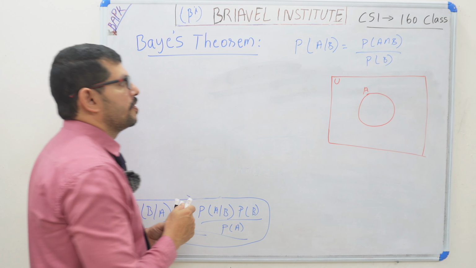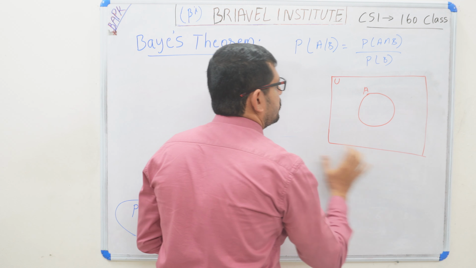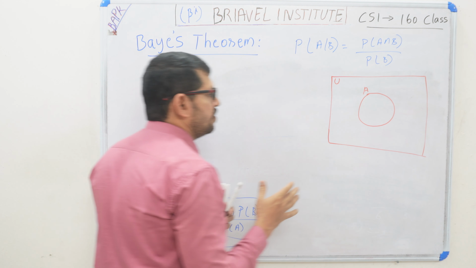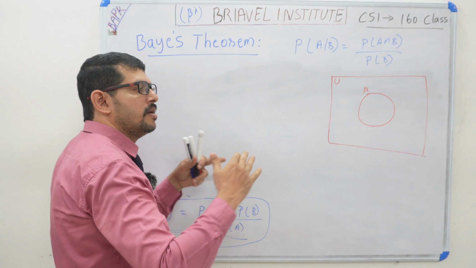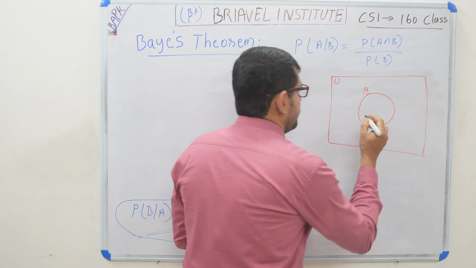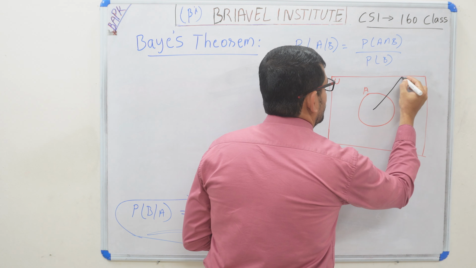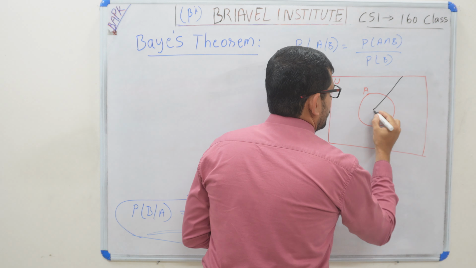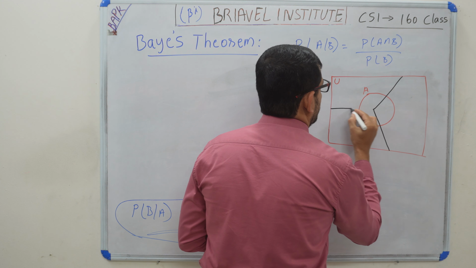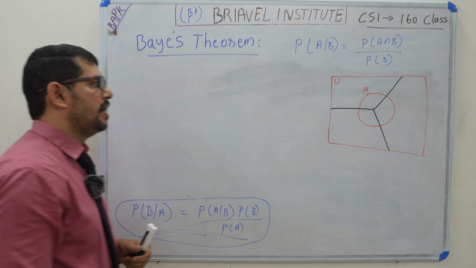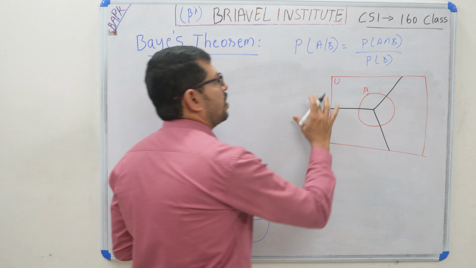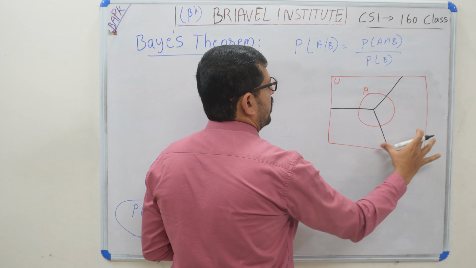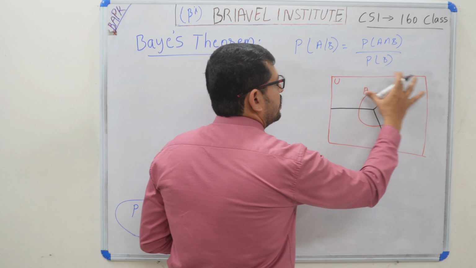This universe, this total probability, I am dividing into 3 portions. We can divide into any number of portions, I am just dividing into 3 portions. I am dividing like that. This is 1 and 3. Now you see, I divided this total probability into 3.